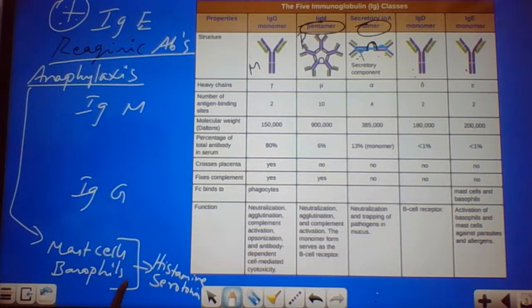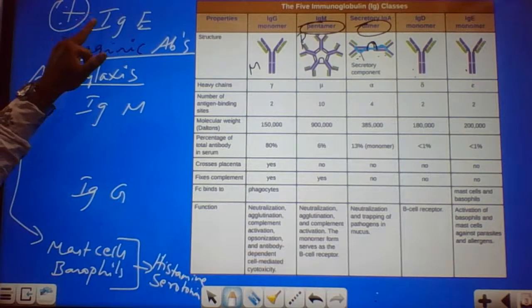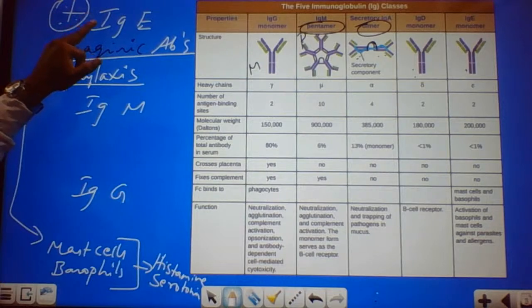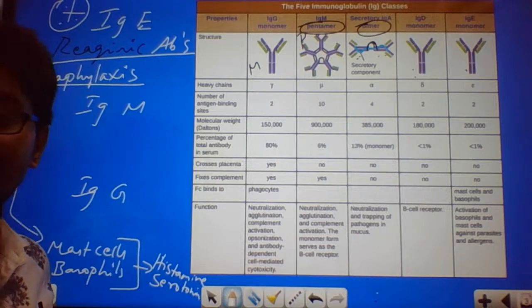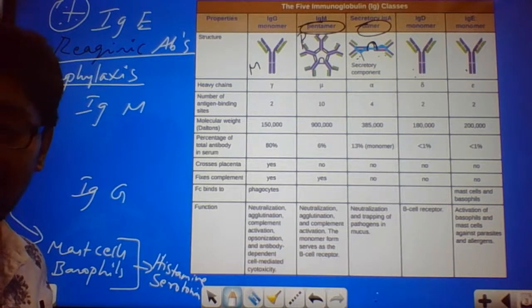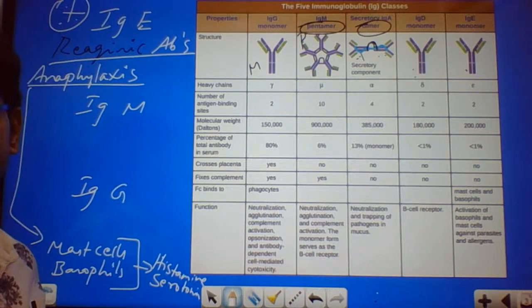Which among the cells have the ability to produce histamine and serotonin? If asked, the mast cells and the basophils. The antibody that responds to this is the IgE antibody. This Ig antibody is responsible and is produced against histamine and serotonin, and this causes allergy, asthma, or anaphylaxis, that is a type 1 hypersensitivity.